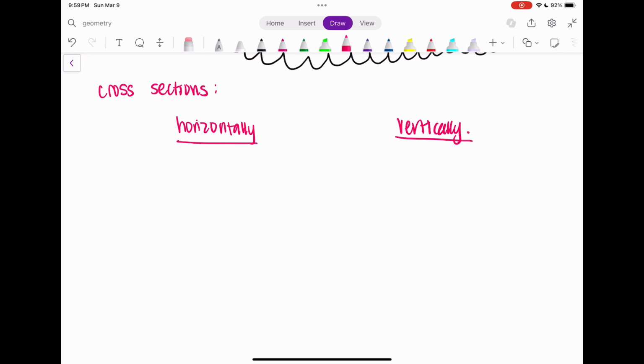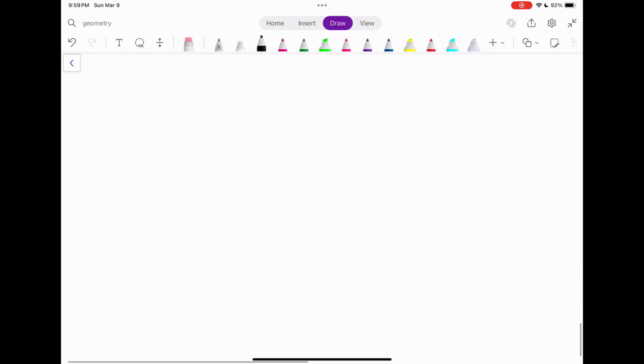I also want to challenge you guys to do this on your own and then check with a partner or two and see if they got the same cross sections. If they did or didn't, discuss and see if you can convince each other of what the cross sections would look like.